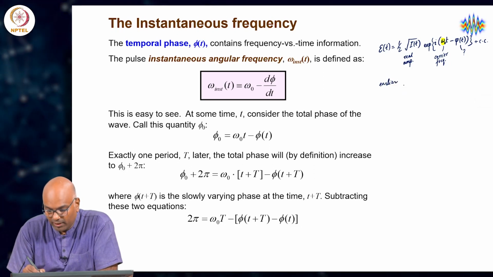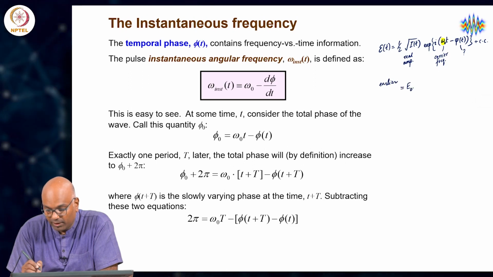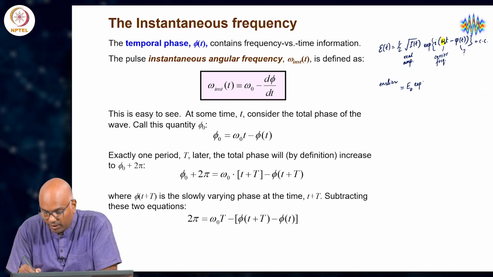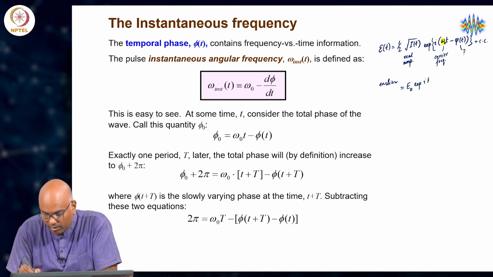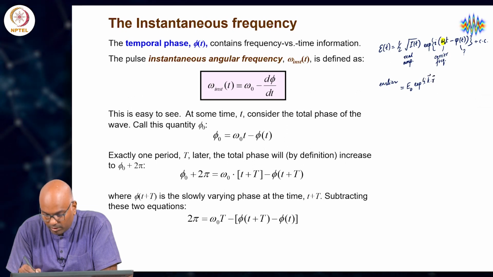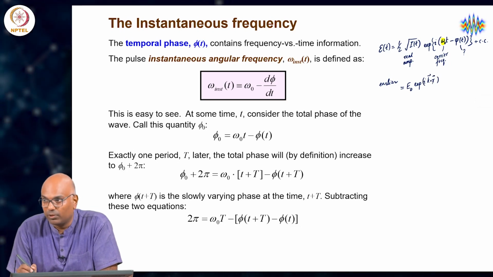where we essentially had a field description where E naught, let us say, was constant, exponent of i k dot r, where k and r are vectors. K is constant, the propagation vector for a plane wave.